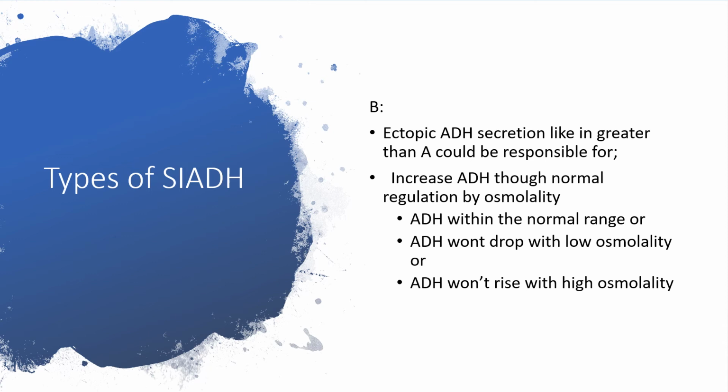So in other words, there's increased vasopressin secretion, though the normal regulation is by osmolarity. ADH could be within the normal range, or ADH won't drop with low osmolarity, or ADH won't rise with high osmolarity.